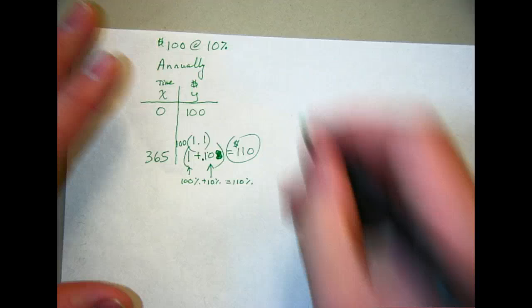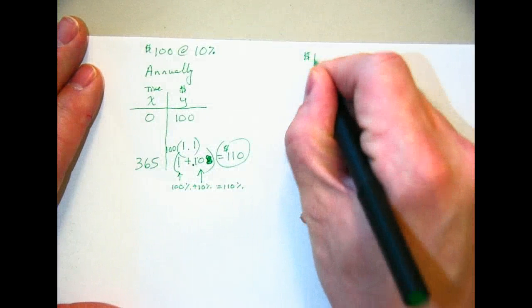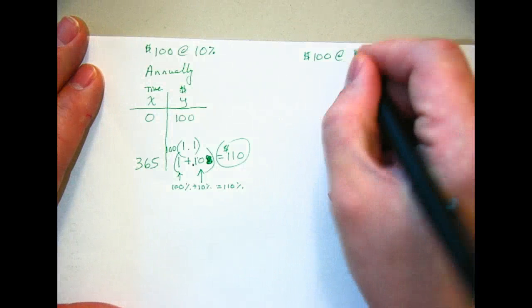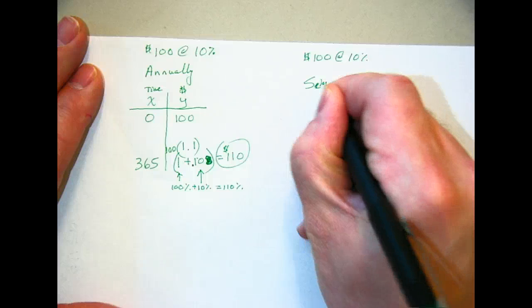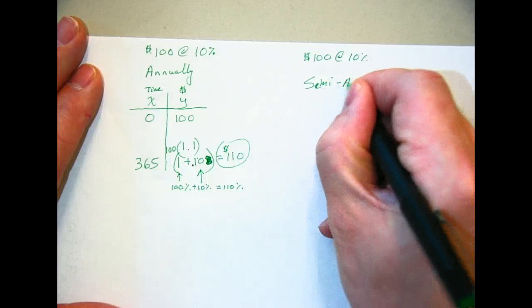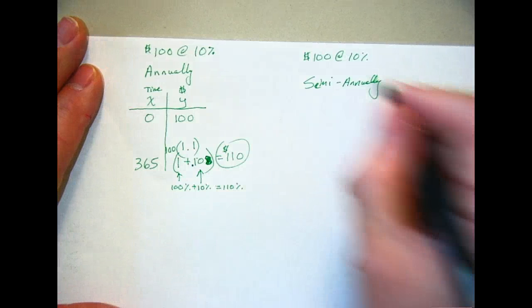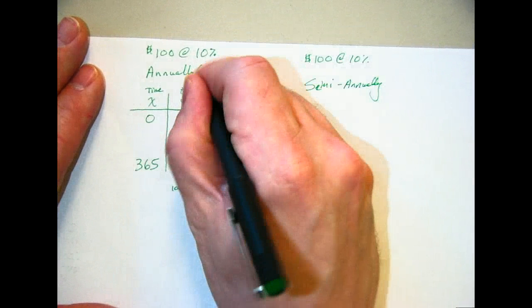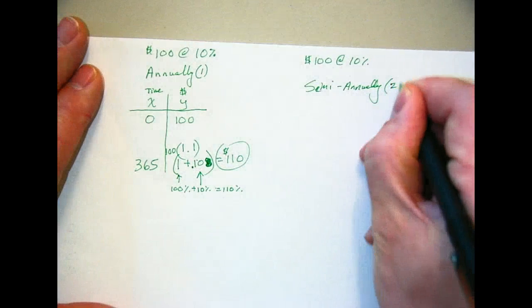You're right. I made it pretty hard because the next example is I'm taking my $100 at 10%, but I am now compounding it semi-annually. Annually means once. Semi-annually means twice a year.